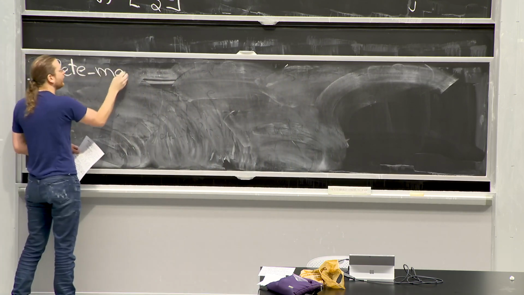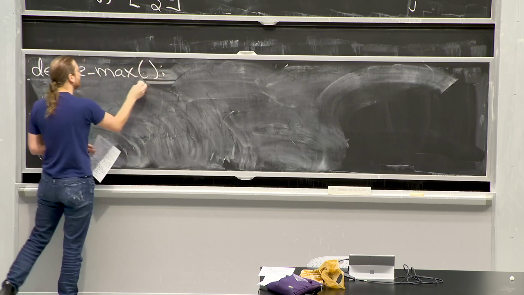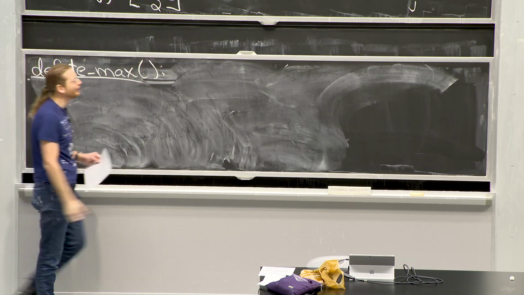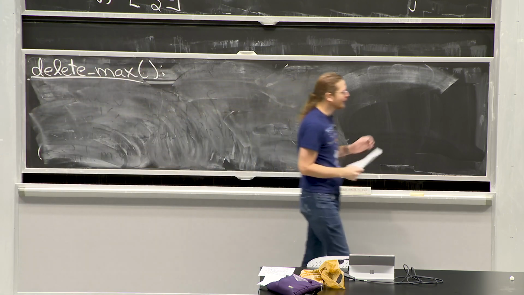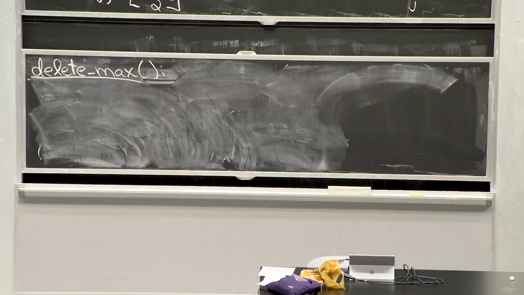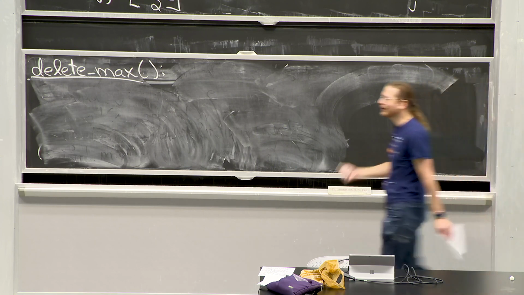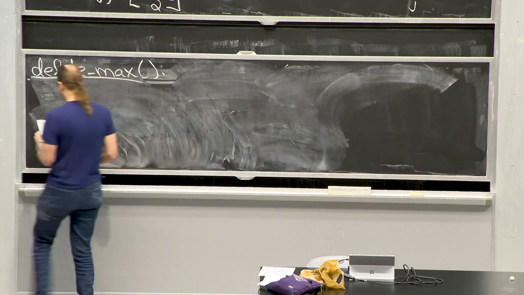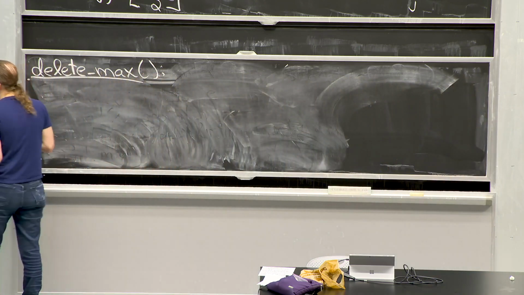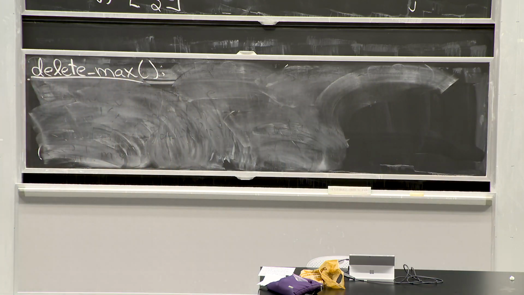You can, of course, define all of these things for min instead of max. Everything works the same. I just have a hard time remembering which one we're doing. Just don't switch. You can't use a max heap to do delete min. You can't use a min heap to do delete max, but you can use a min heap to do delete min. That's fine.